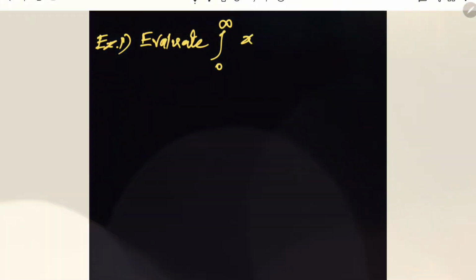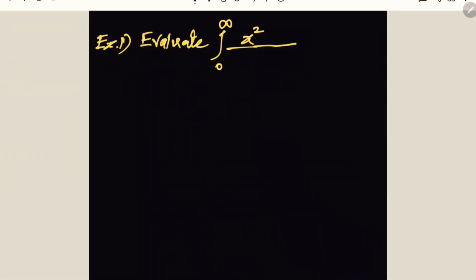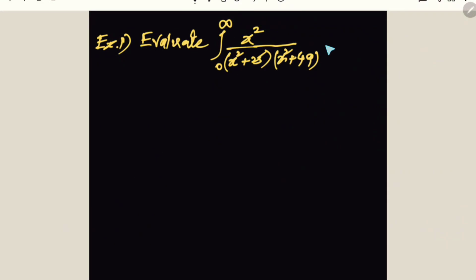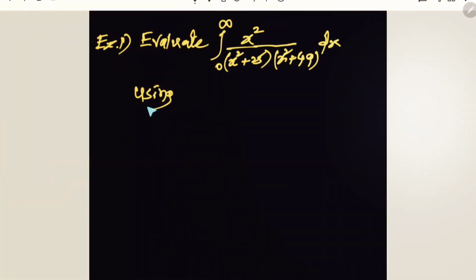Example: evaluate the integral from 0 to infinity of x square divided by (x square plus 25) multiplied by (x square plus 49) with respect to x using Parseval's identity.